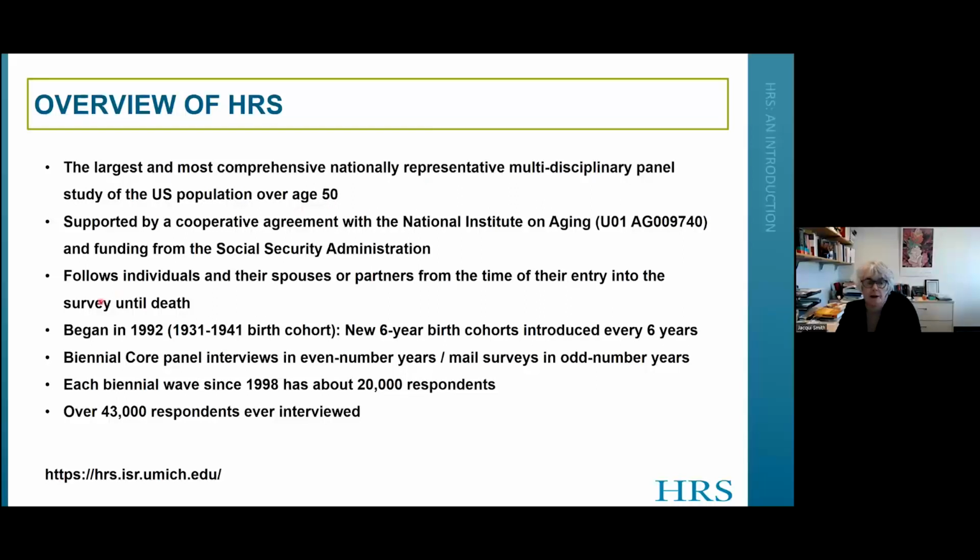In part, that's because we sample by households, and we interview both the target individual and also their spouse or partner within that household. So some spouses or partners are younger, some older, of course, but for the most part they're younger.